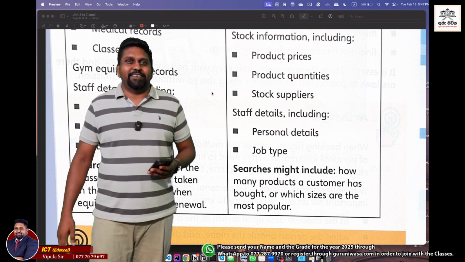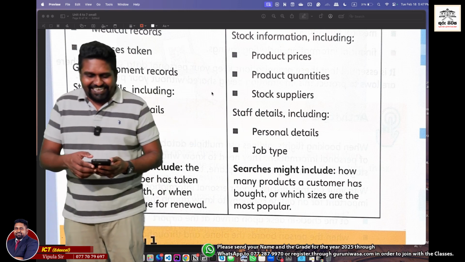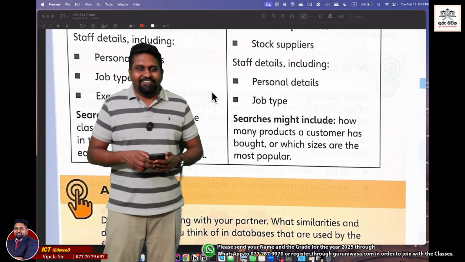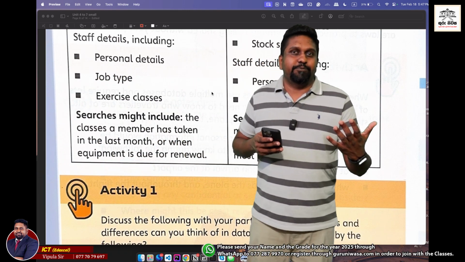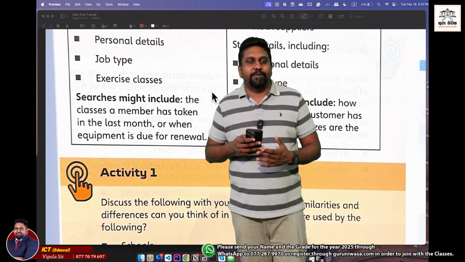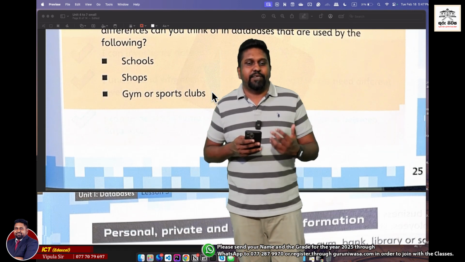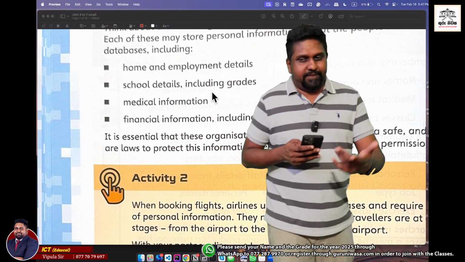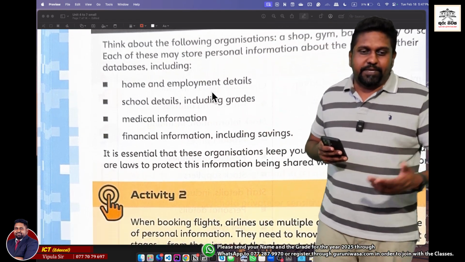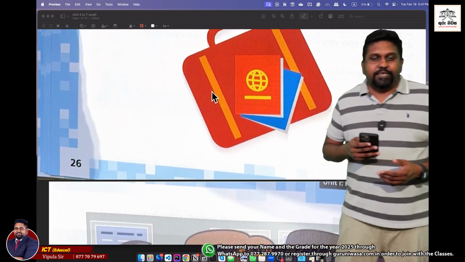Why don't you give it a try and see? Right? Okay, so that's the idea behind different types of databases which we have outside. Okay, so now I already explained this part about privacy and statements.